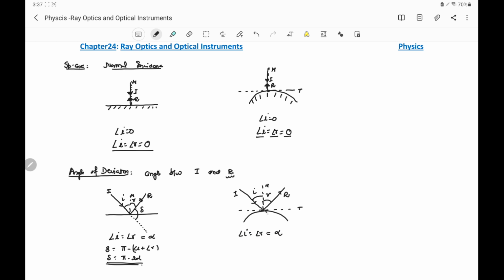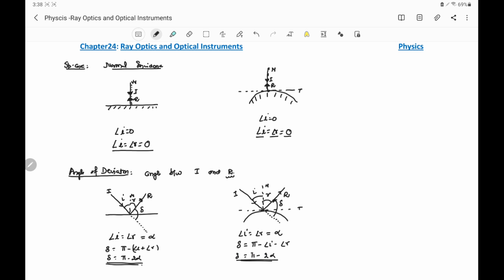Then if we further extend I, delta is the angle of deviation between the incident ray and the reflected ray. So here also the angle of deviation delta will be equal to pi minus angle I minus angle R, or we can write it as pi minus 2 alpha.